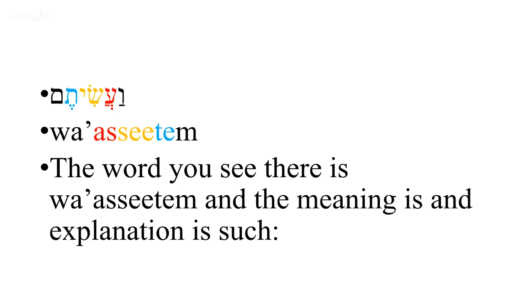Wa'asitem. This word here is a meticulously different kind of word, because if you drop the wa off, you have the word asitem. Now, if you drop off that suffix tem, you have the word left as asi. The word asi in this regard comes from the root word asa, do or make.